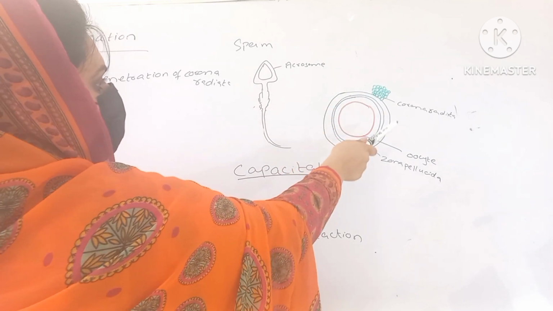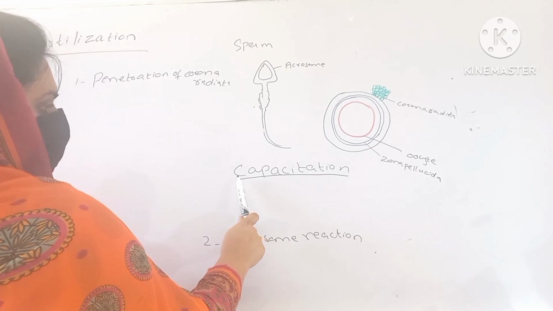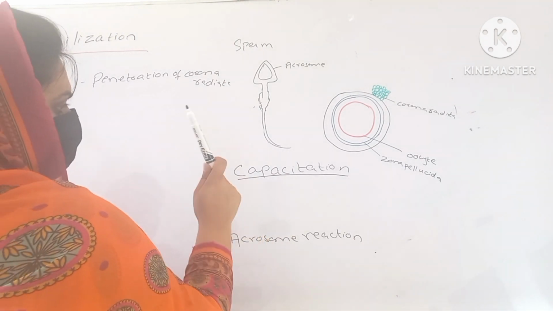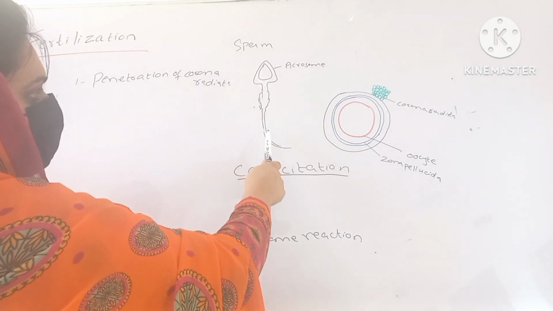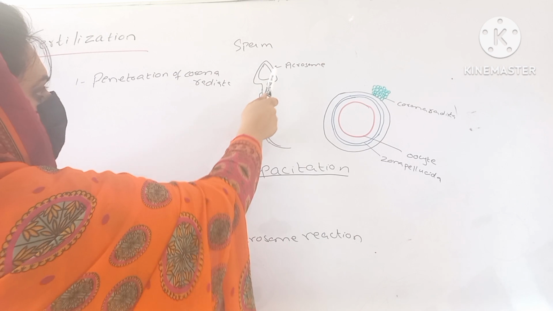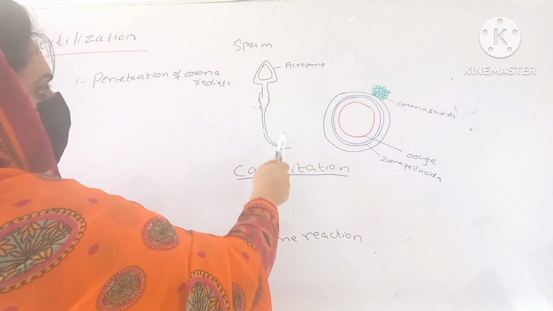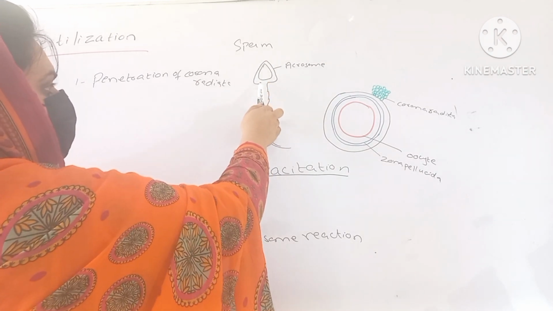To penetrate the corona radiata, it must undergo a reaction which is known as capacitation. Now what is capacitation? Before that, you should know the structure of a sperm. The sperm has an acrosomal cap and then the tail pieces. In the acrosome there is a glycoprotein coat.